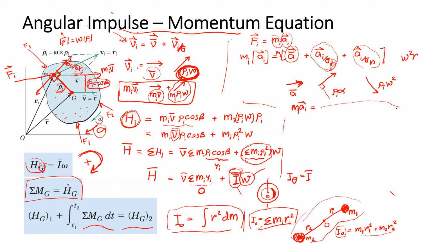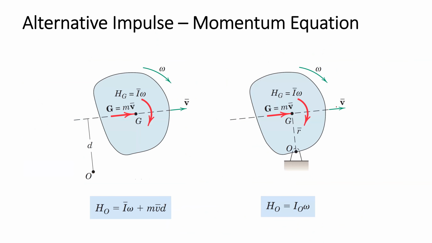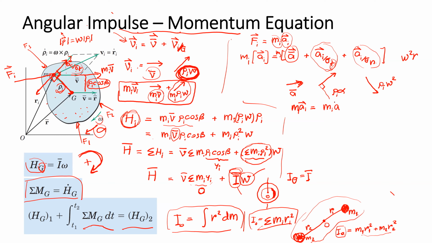So all the three different terms here will be multiplied by m_i: m_i A bar vector, plus m_i rho_i alpha vector with the direction of the tangential, and m_i rho_i omega square in the normal direction.